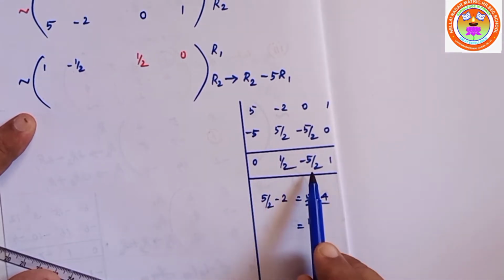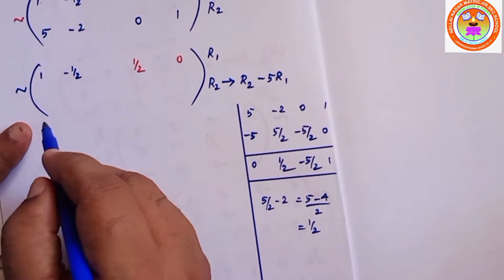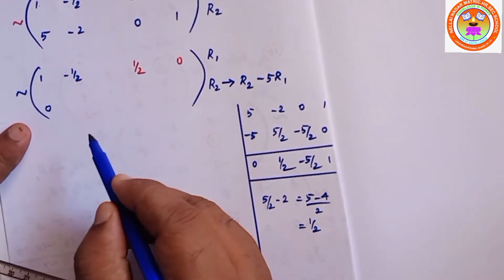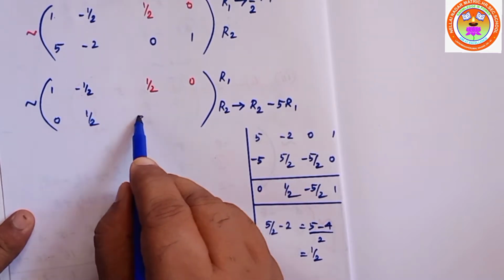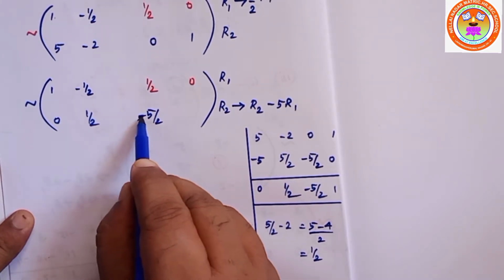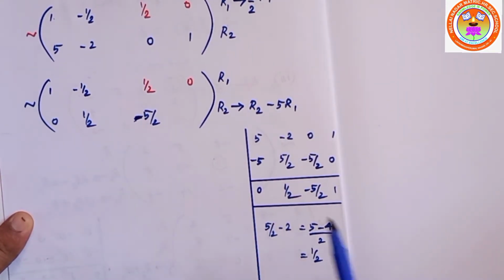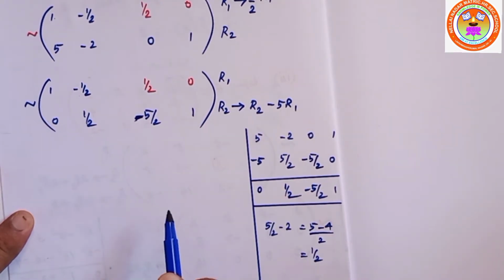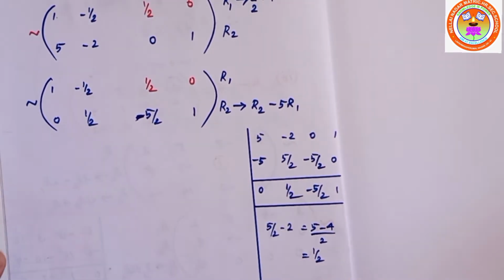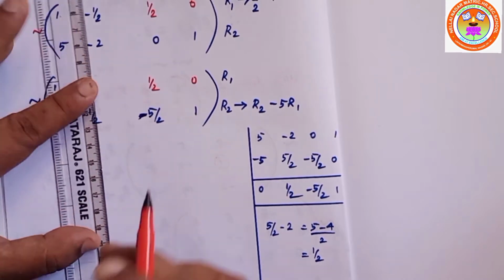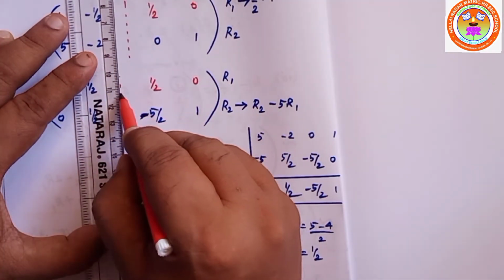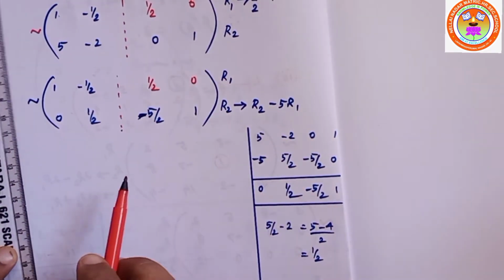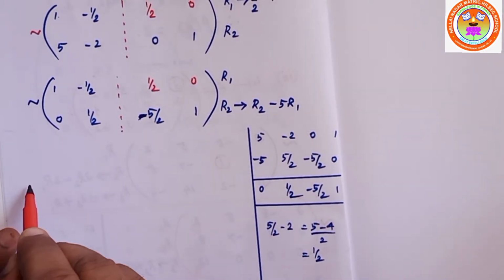So here 0, half, minus 5 by 2 and 1, okay. Now we put the dot here. Now again equivalent symbol.